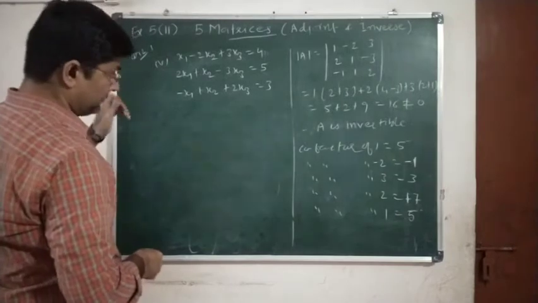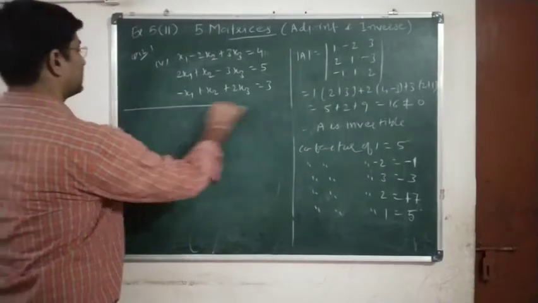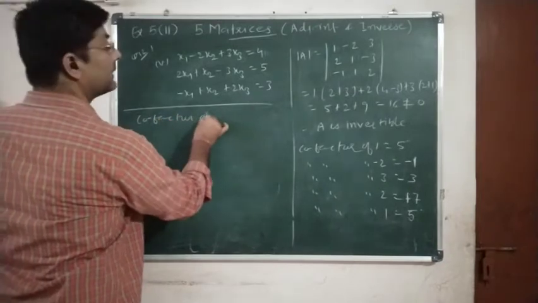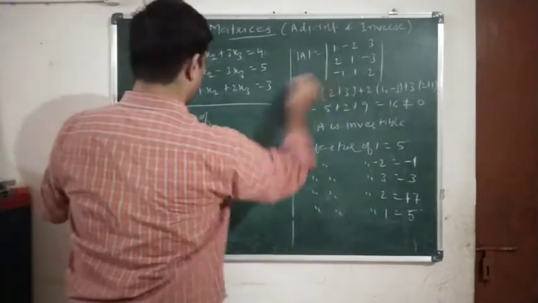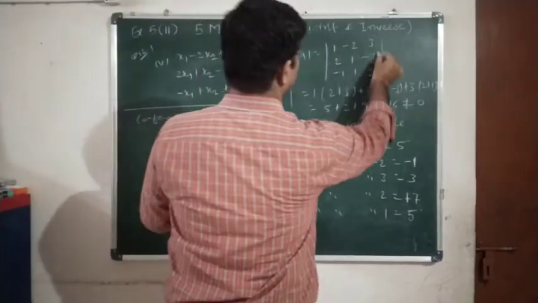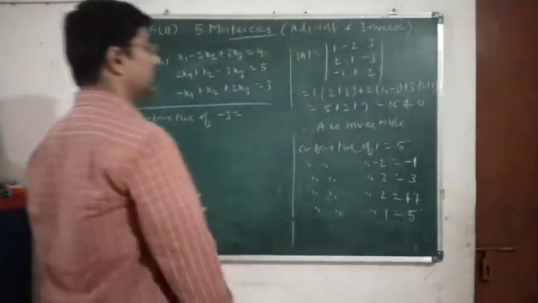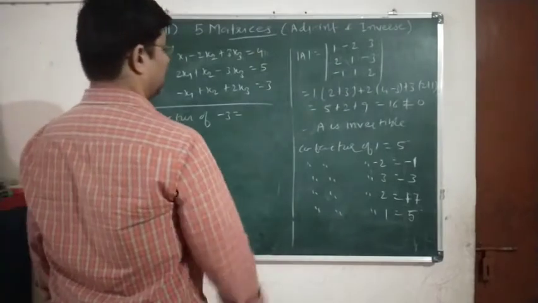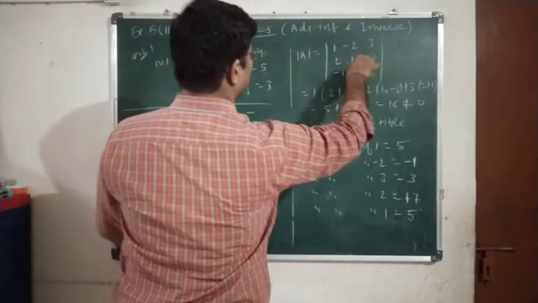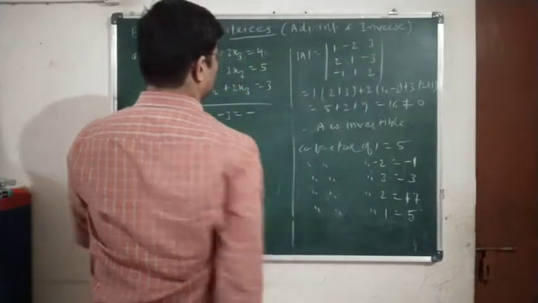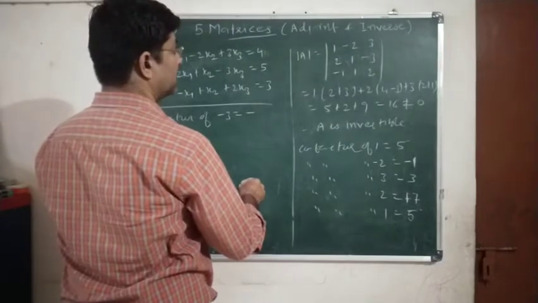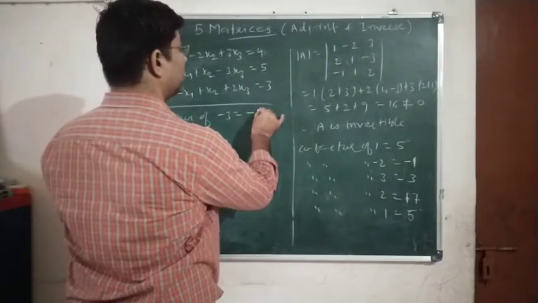Now the cofactor of 2 1 and minus 3. The cofactor of minus 3 will be 1 1s are 1 plus 2 1s are 2, and that will have a minus sign.